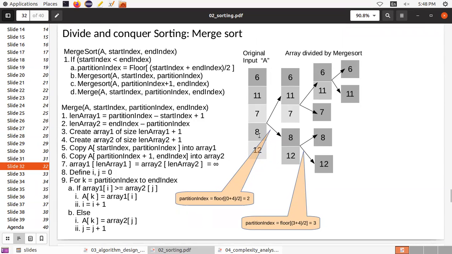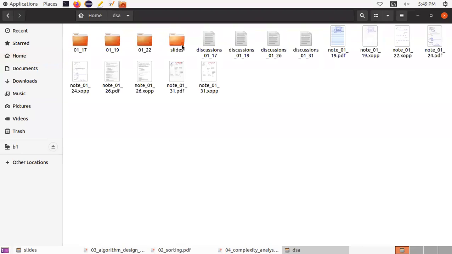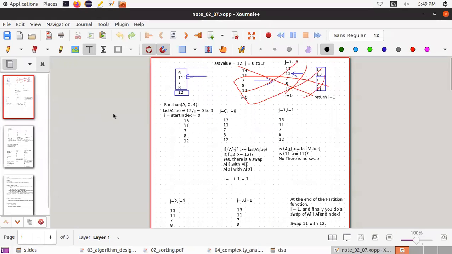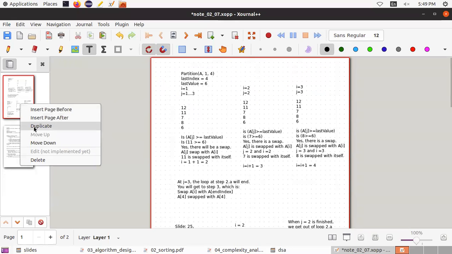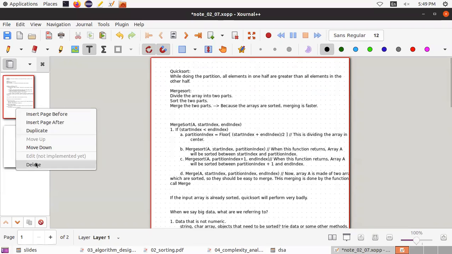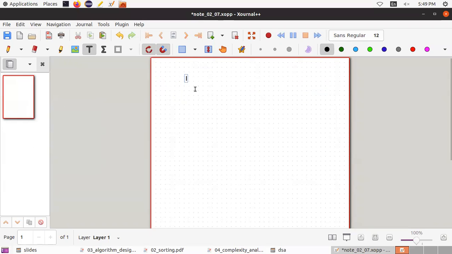which is the array 6, 11, 7, 8, and 12, when you first make a function call to merge sort, this is how the call goes out. So the first call to merge sort will be done like this.